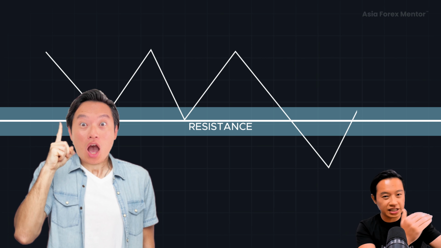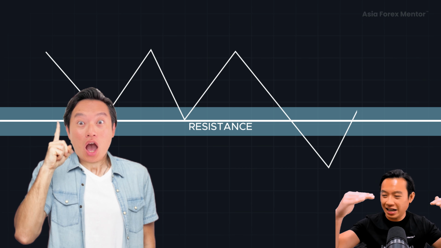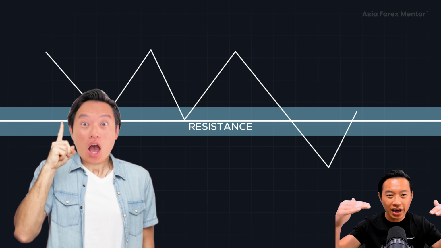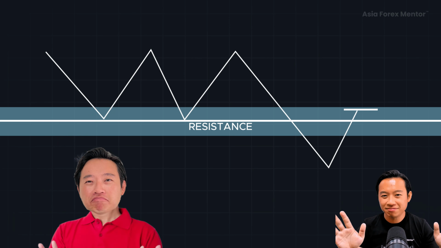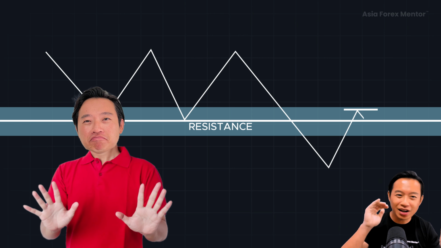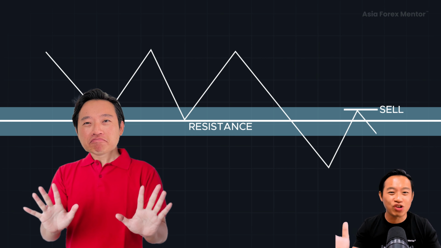Initially you saw significant loss, but now there's a glimmer of hope as the market returns to your entry price. At this point, you might think, okay, that's it, I've had enough. Let me close the trade and move on to ease the discomfort.